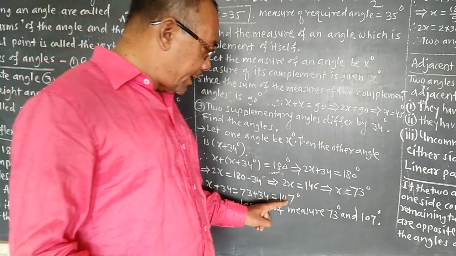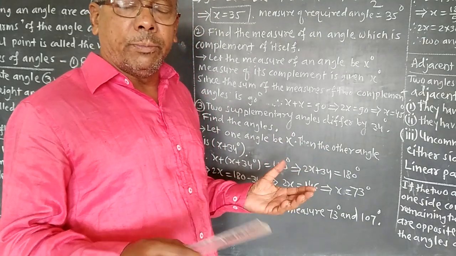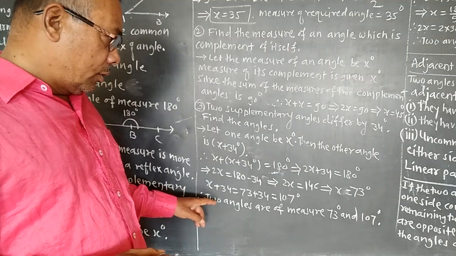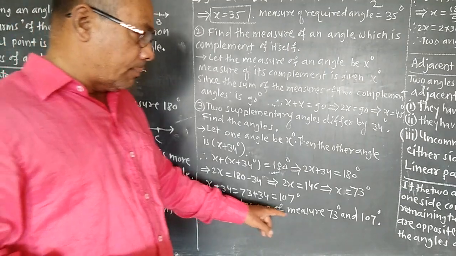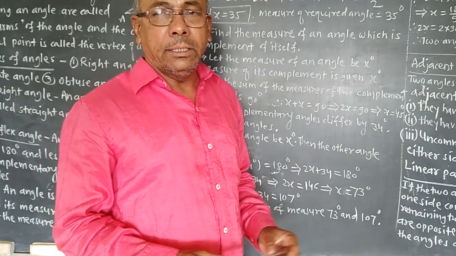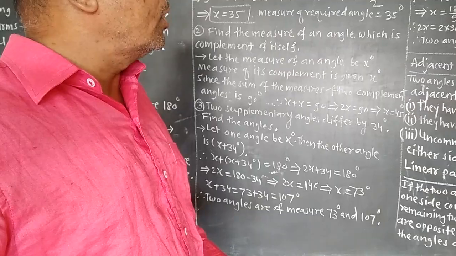If we add 107 and 73, the sum is 180 degrees, and therefore the two angles are of measure 73 degrees and 107 degrees. In this way we have solved the third example.